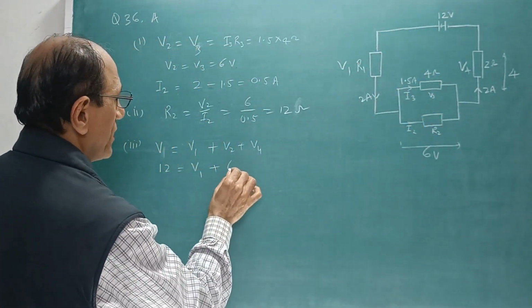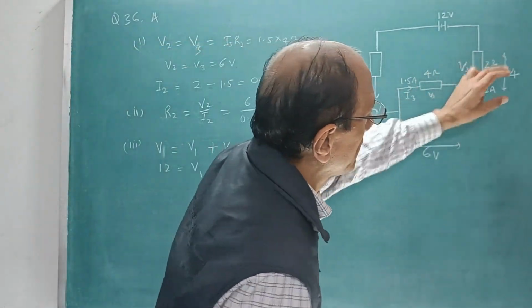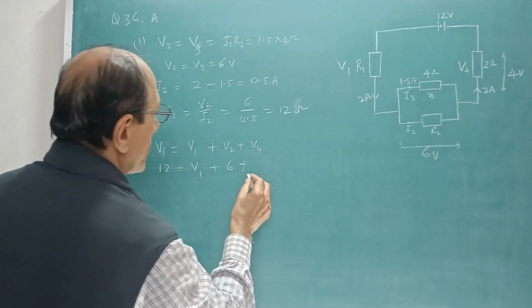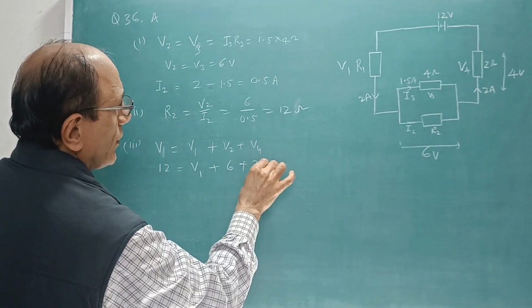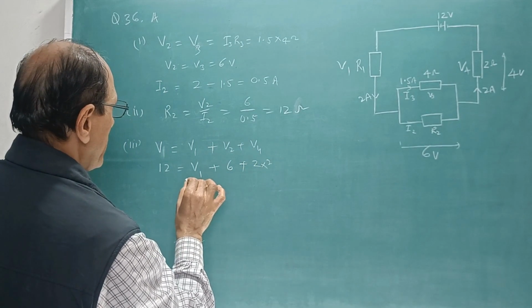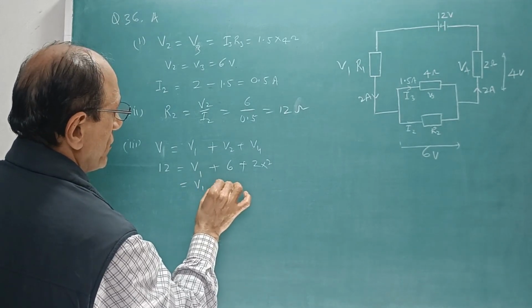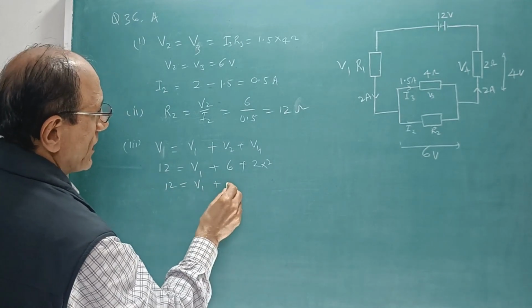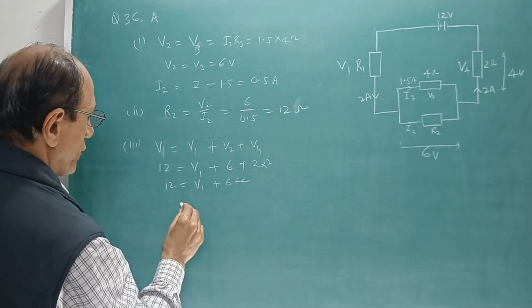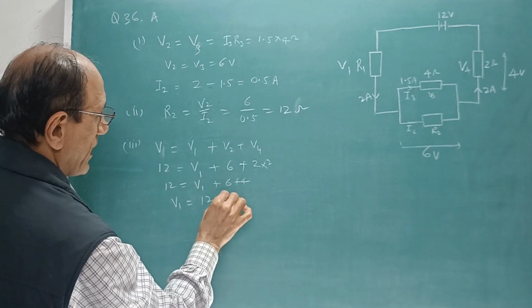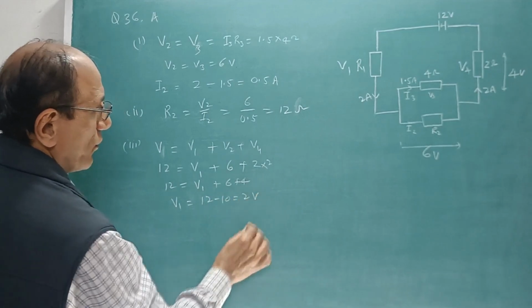This is 6 volt, and this V4 we have already calculated, I into R, that is 2 into 2, that is 4. So 12 is equal to V1 plus 6 plus 4. So V1 will be equal to 12 minus 10, that is 2 volt.